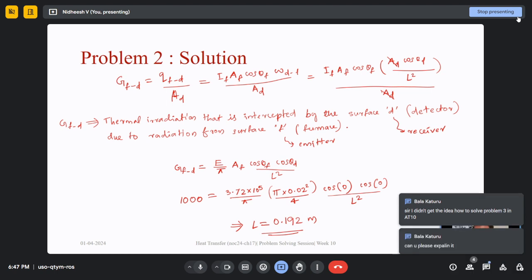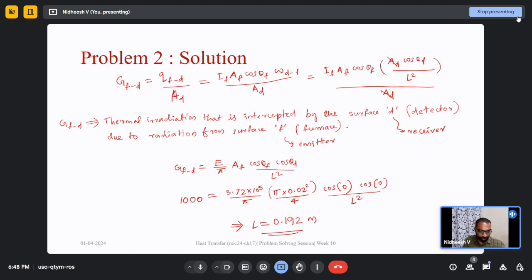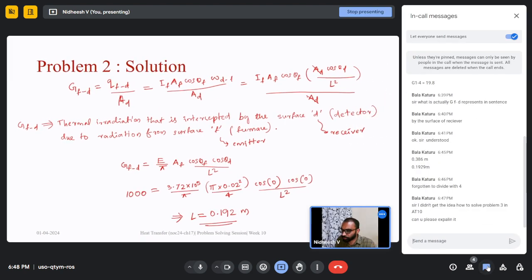Problem 3 in assignment 10. Actually, we are not supposed to tell solutions on how to solve assignment problems, and I have not seen the assignment problem. Can you drop your email ID in the chat window?